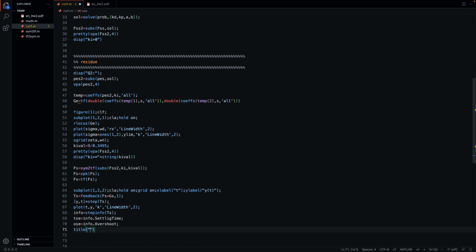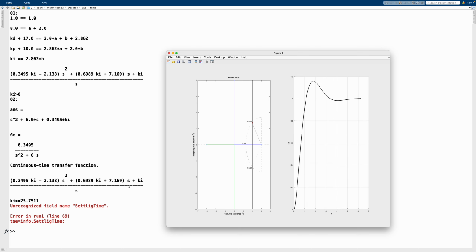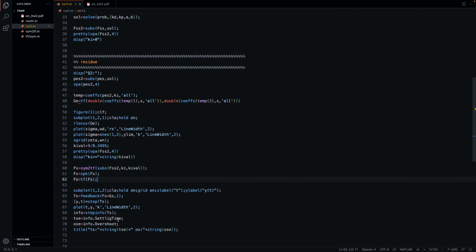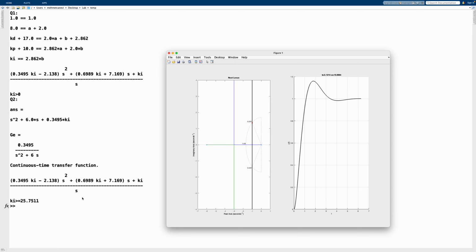And then let's use the title here. TS is going to be string TSE plus overshoot string overshoot. Yeah. If we fix the typo, there we go.